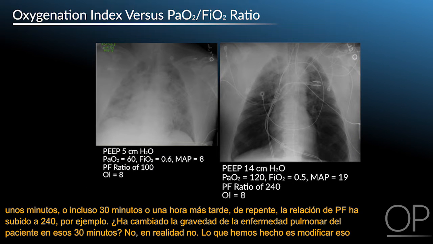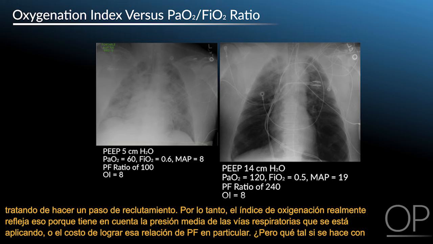Has the patient's lung disease severity changed in that 30 minutes? No, not really. What we've done is modify it by trying to do a recruitment type step. And so the oxygenation index really reflects that because it takes into account that mean airway pressure that's being applied, or the cost of achieving that particular PF ratio.